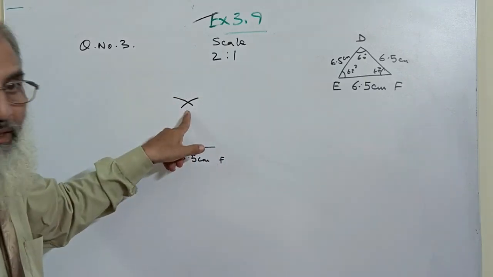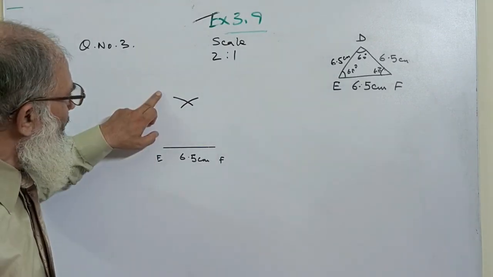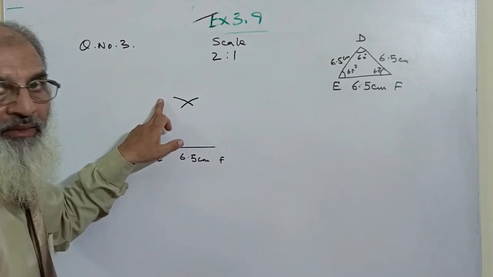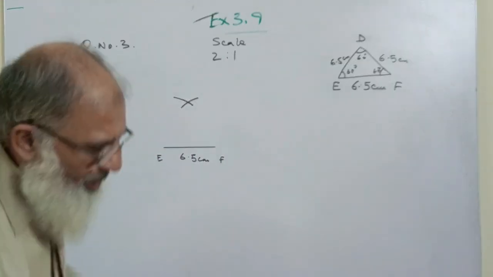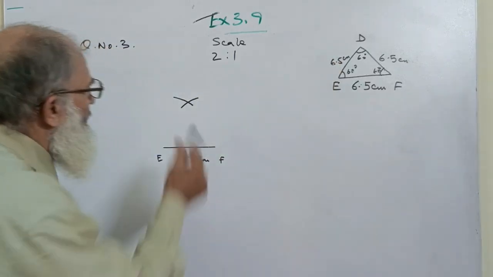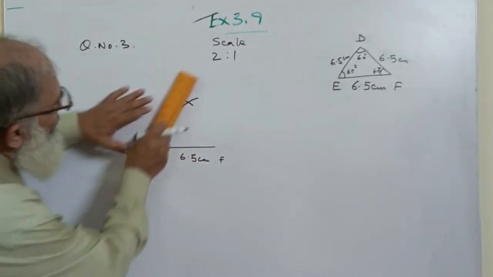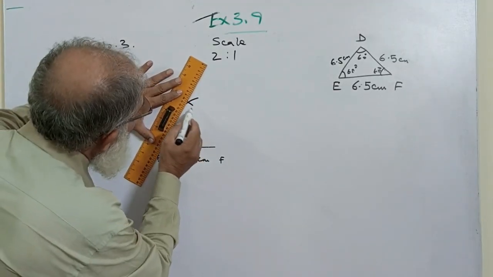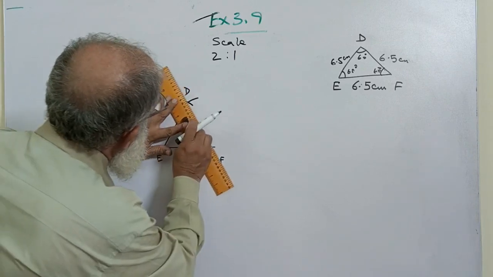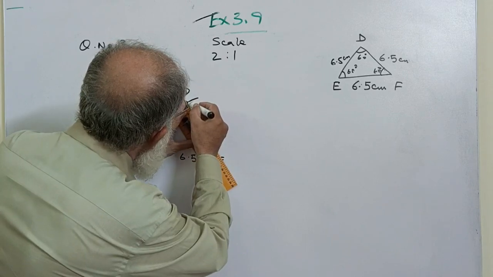First I took center E and drew an arc, then took center F and drew an arc which cut the previous arc. Now this point will be D. So I'll join D to E, and I'll join D to F also.